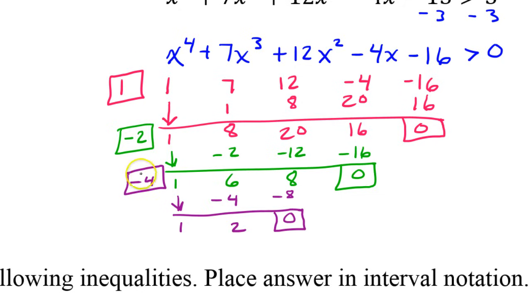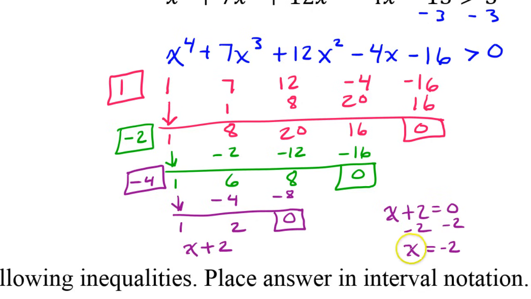So I've got all 3 of these, and now I have the polynomial x plus 2. That little polynomial x plus 2, if I set it equal to 0, is going to give me x equals -2. So you know what's happening here.